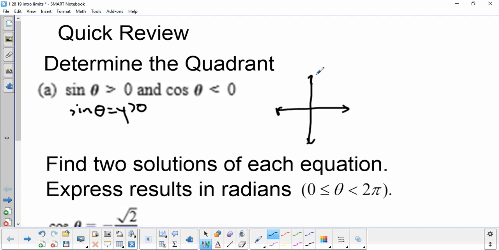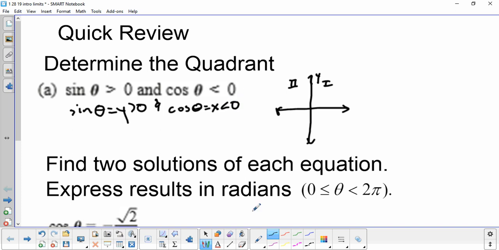Y is greater than 0 wherever it's positive, and that's going to be in the first and the second quadrant. Where cosine of theta, which we know equals x in our unit circle, is going to be less than 0.